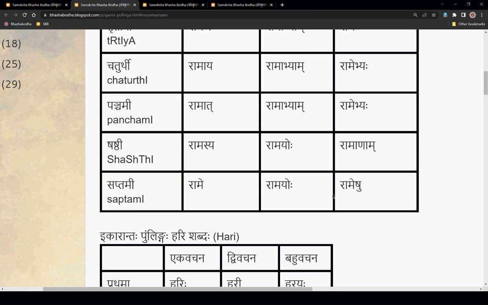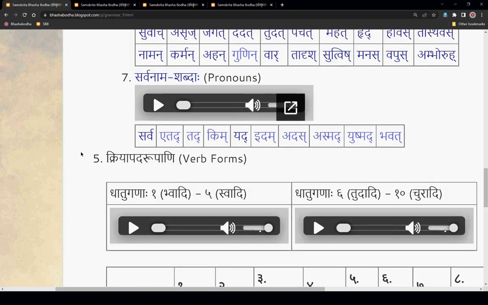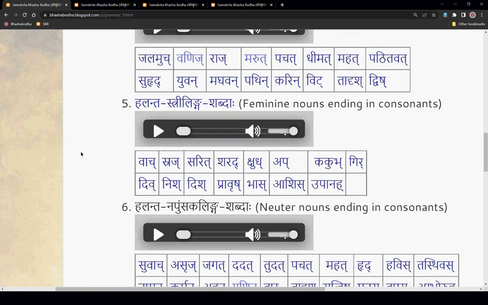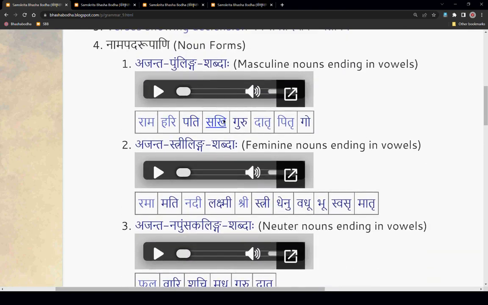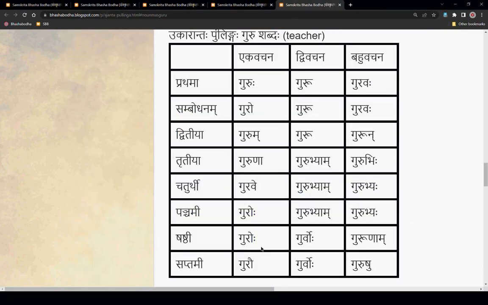I can try. So, aham guru, of Guru. Gurusya. Okay, let's take a look. So, which vibhakti you want to use? Of Guru. Of Guru is Shashti Vibhakti. Okay, good. So let's take a look at Shashti here.